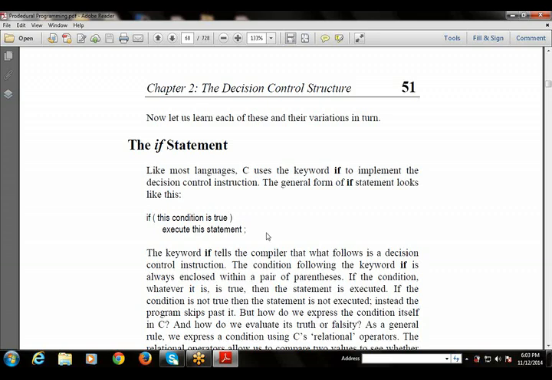The keyword if tells the compiler that what follows is a decision control structure, that is, a decision control instruction based on the C language.